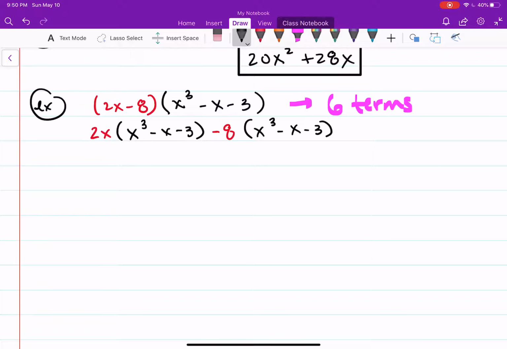So then I'm going to have a 2x to the 4th minus 2x squared minus a 6x minus an 8x cubed plus an 8x plus a 24. Actually, you know what? Let's go even better with this. Let me do this.